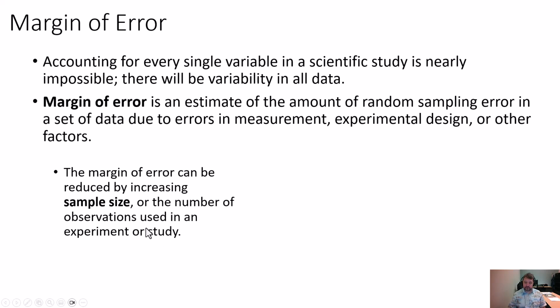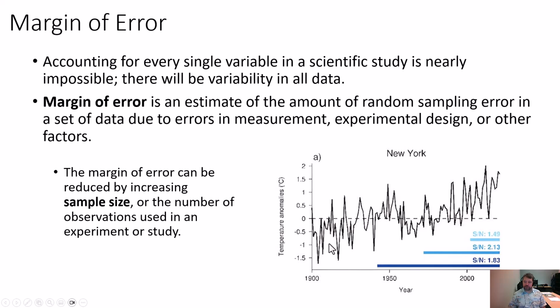There's still error there. There's still going to be situations where variables are unexpected. Okay? But the more samples you have, the less a single unexpected variable has an effect on the overall experiment. Okay? And so we can look at things like temperature.